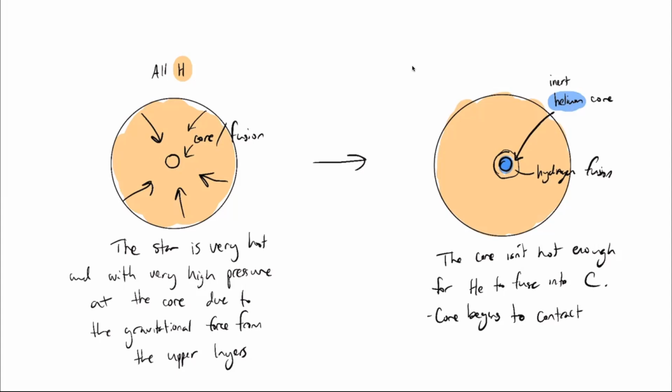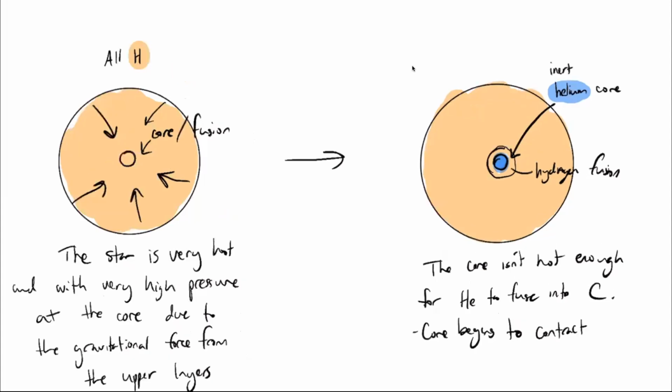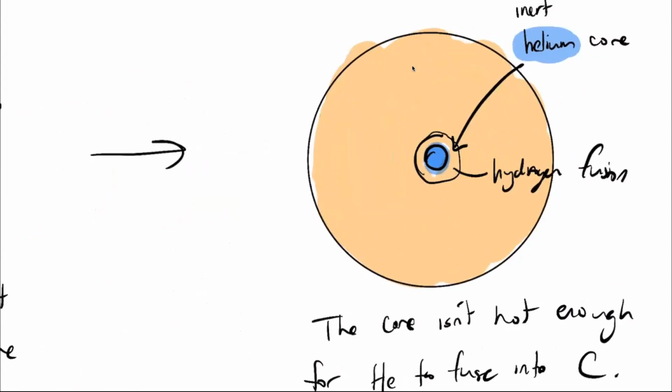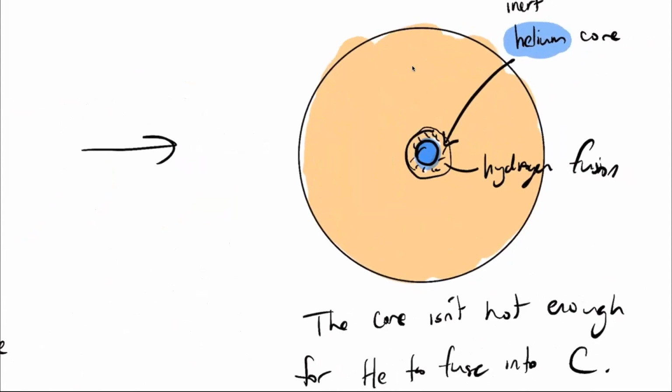The core contracts, and in doing so the helium core is getting hotter. Not hot enough for fusion to begin, but hotter. And that's keeping this shell of hydrogen around the inert helium core well heated.